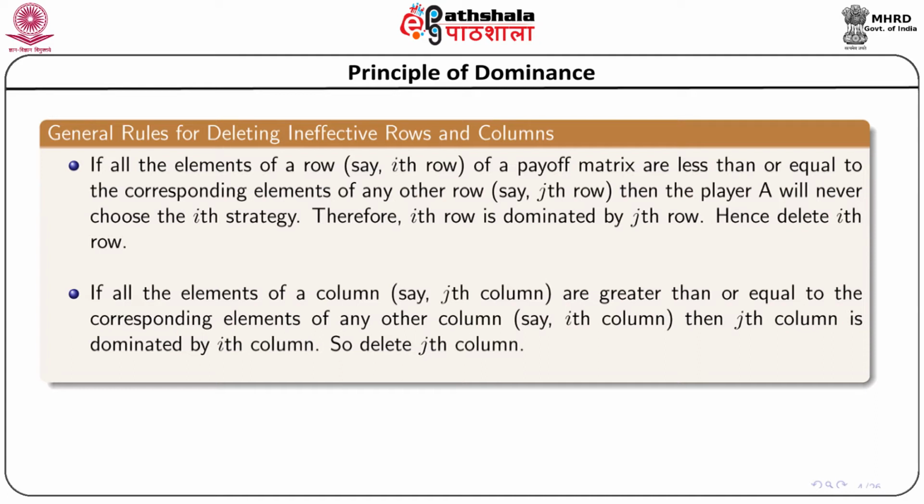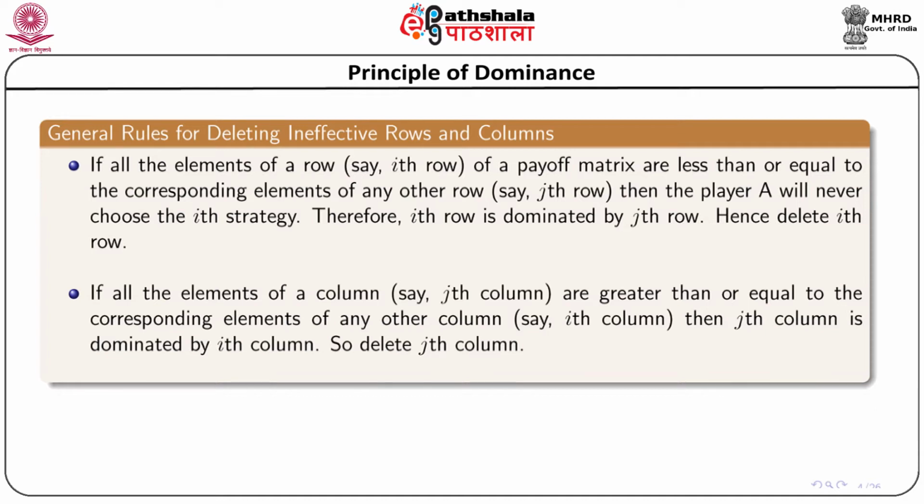For deleting the ineffective rows and columns, these general rules are to be followed. If all the elements of a row, say ith row of a pay-off matrix, are less than or equal to the corresponding elements of any other row, say jth row, then the player A will never choose the ith strategy.